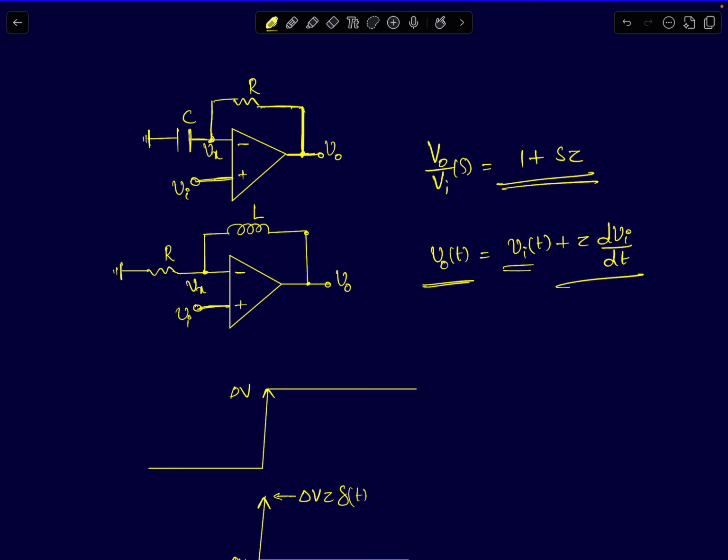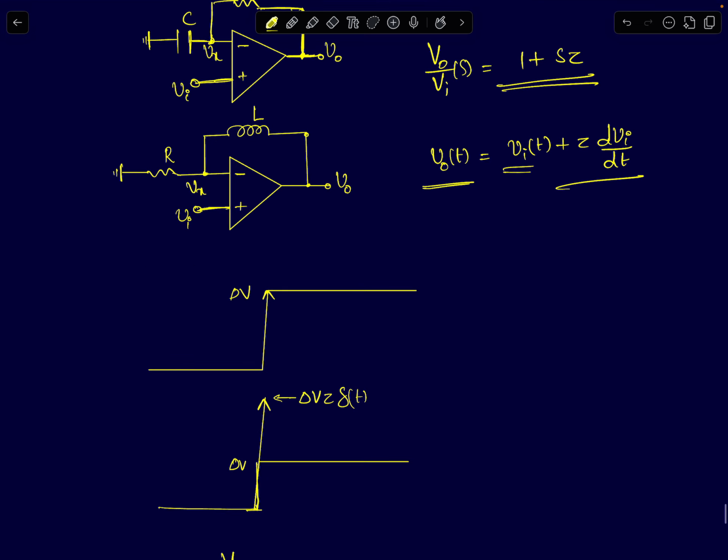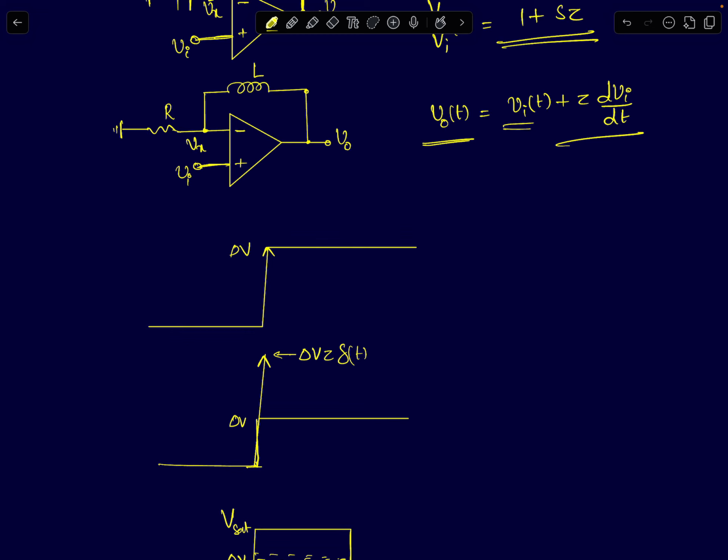Ideally, if you apply this step input to a non-inverting differentiator, you should get a constant waveform, the same as the input signal, plus an impulse riding on top of it at t equal to 0. The weight of the impulse will be delta V times tau.